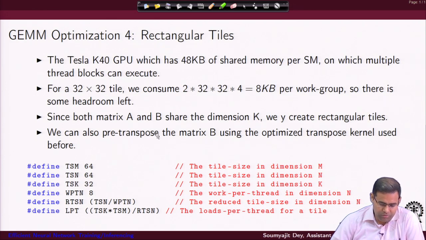Let us just browse through this idea of rectangular tiles once again. All that the idea was pointing to is that since we have a large amount of shared memory, we can increase the tile size, and that is what we did. We increased the tile size from 32 cross 32 to tiles of size 64.